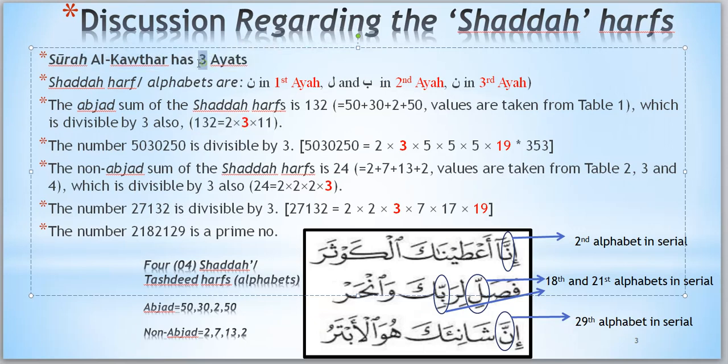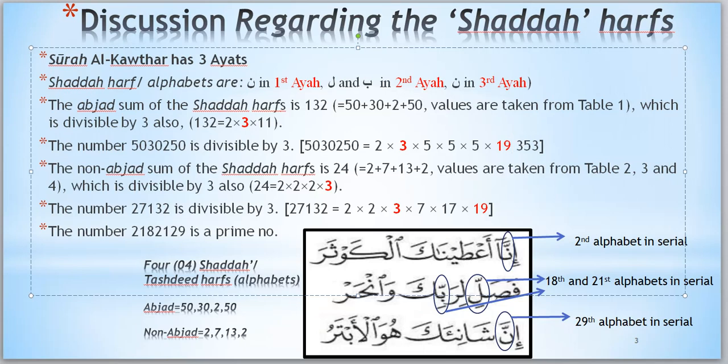So the number 3 has an important appearance in this presentation. If we put these numbers one after another, this big number forms. And interestingly, this big number is also divisible by 3 as well as 19. Mind it, 19 is the number of harfs used in Bismillahir Rahmanir Rahim.